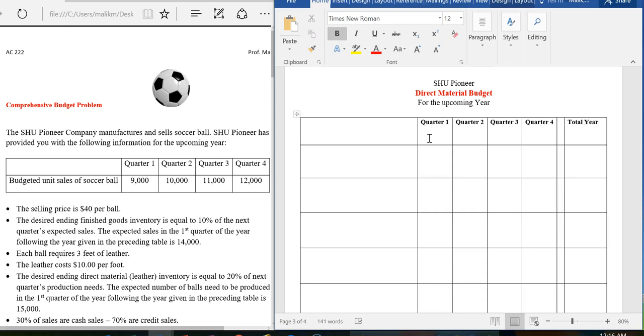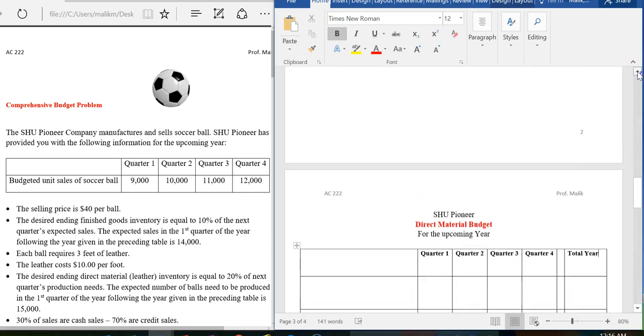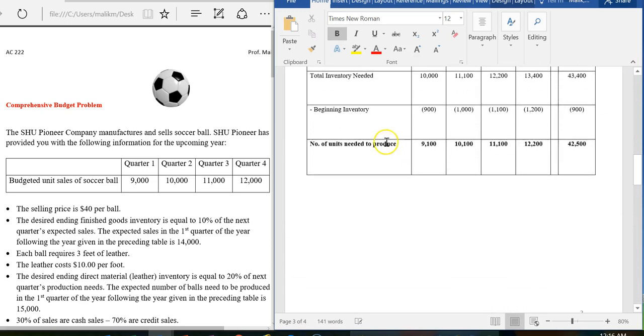And we will start with where we ended up with our production budget. So from our production budget, we know these are the units we need to produce, right? Number of units needed to produce. Now, based on these, we will check how much raw materials they actually need and what's the cost of the raw materials.